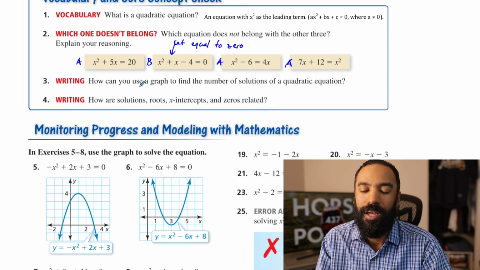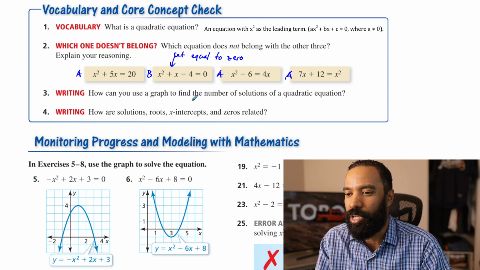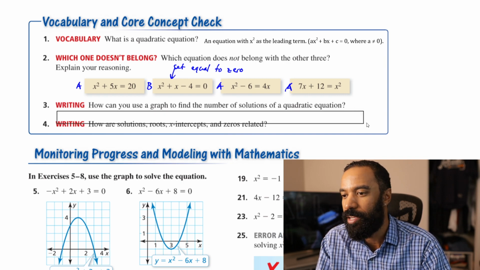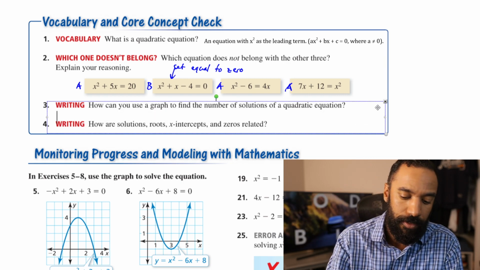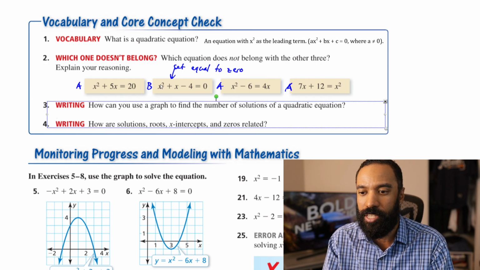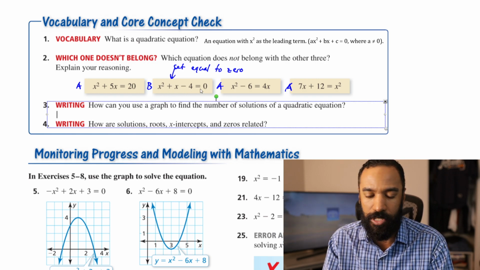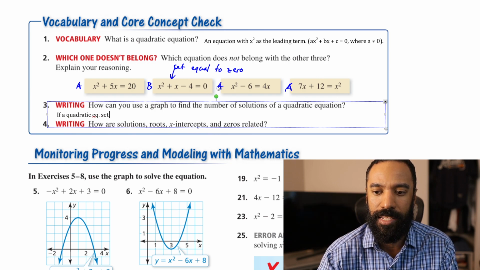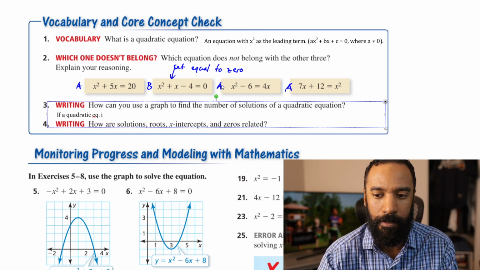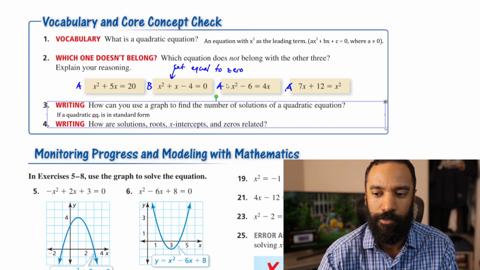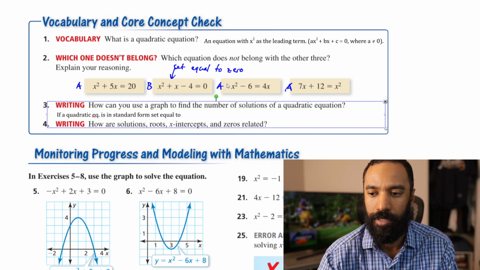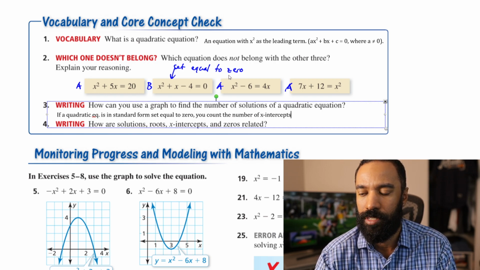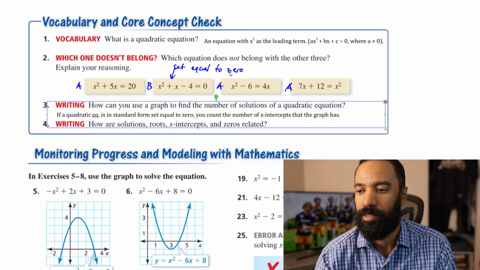Number 3, how can you use a graph to find the number of solutions of a quadratic equation? If we have it set equal to 0, just like that B, it's all about how many times this crosses the x-axis. If a quadratic equation is in standard form set equal to 0, you count the number of x-intercepts that the graph has.